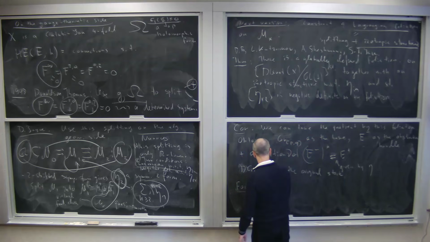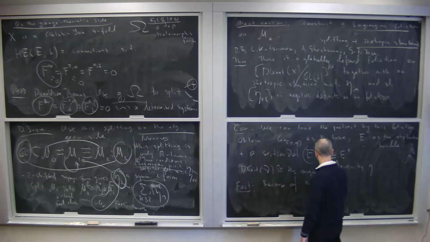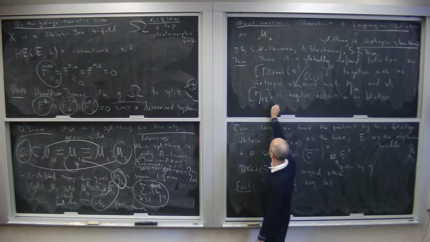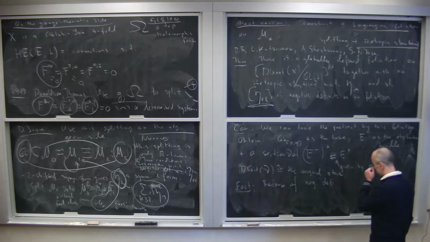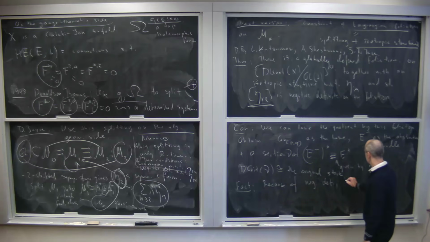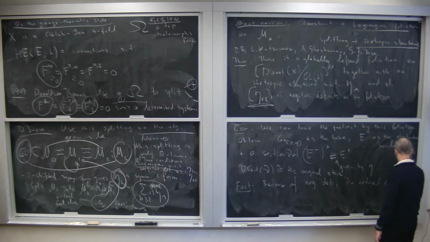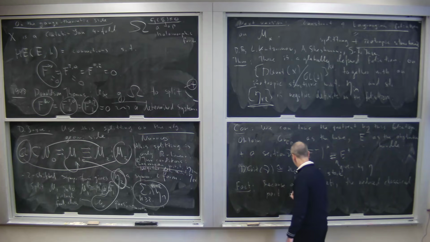In fact, because the real part of the symplectic form is negative definite on the part that remains, on E minus, the reduced classical part is the same before and after the split. And the reduced classical part remains unchanged.